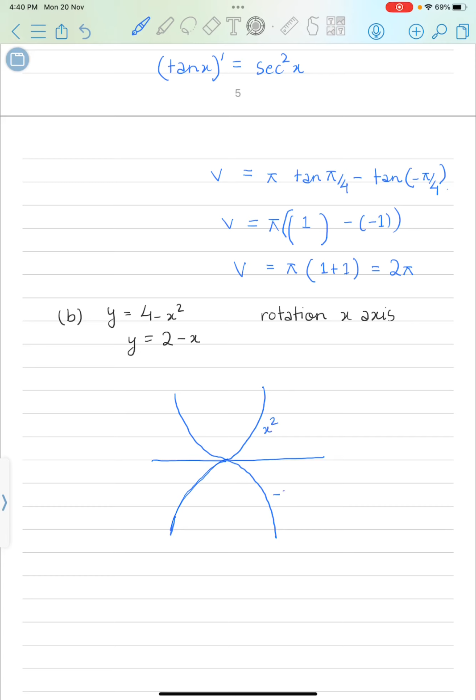Now the 4 minus x square graph: you take all these points 4 units up. So this will be the graph of 4 minus x square.